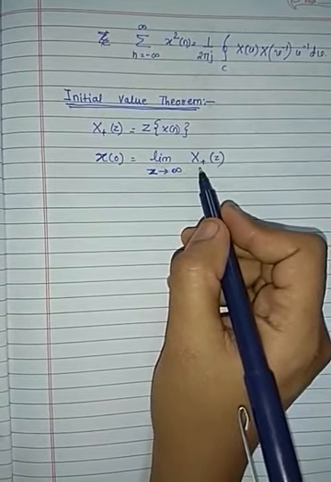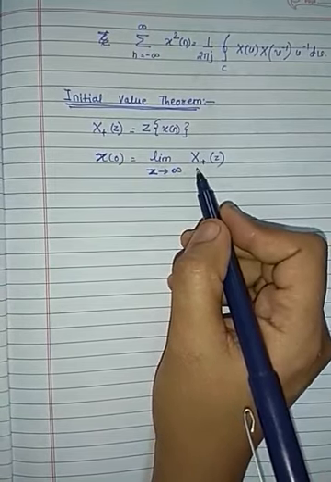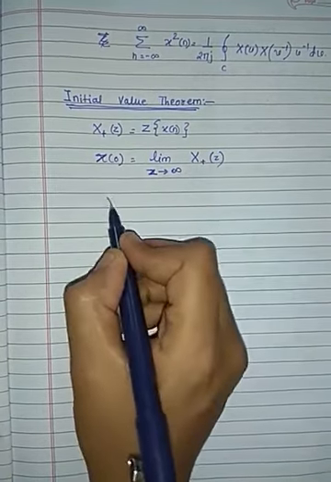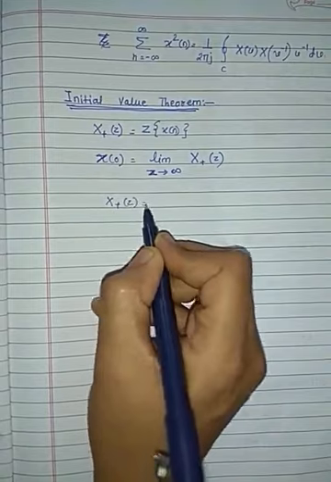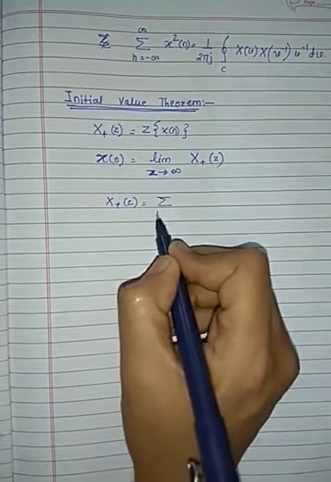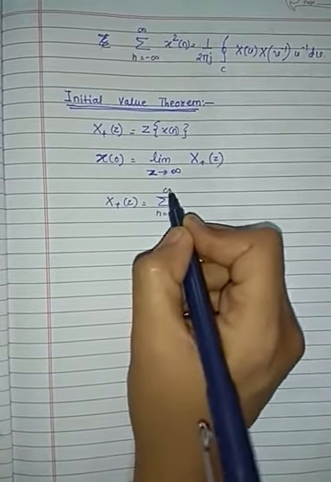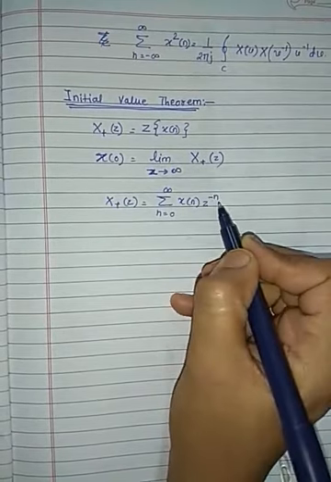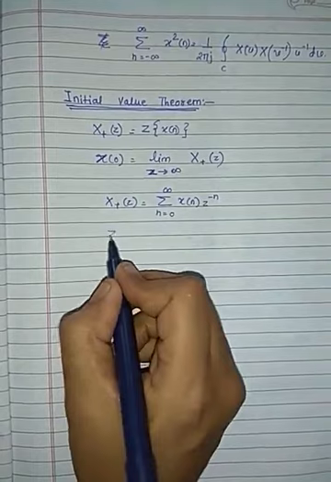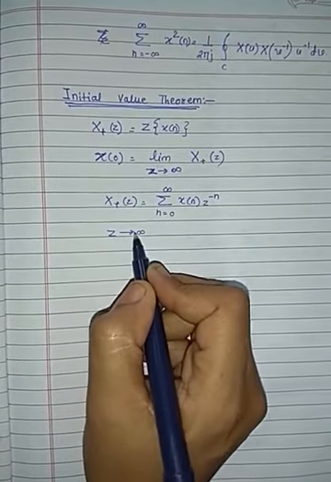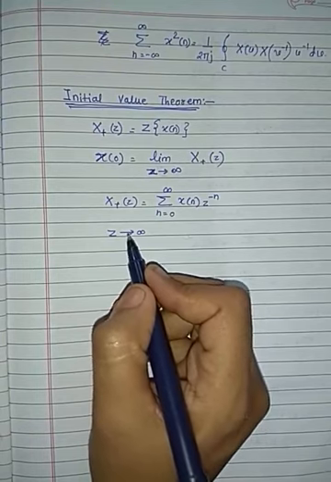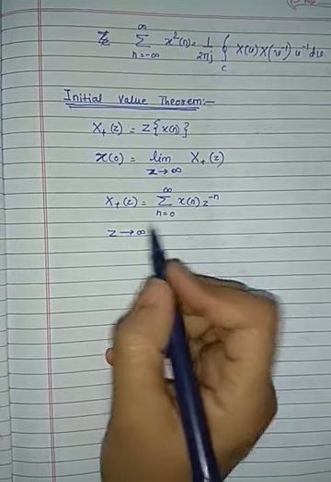So what is this X plus of z? It is nothing but the one-sided transform. Now we know that X plus of z is equivalent to the summation from n equal to 0 to infinity of x of n z raised to minus n. Okay, so as z tends to infinity, all the terms vanish except the x of 0, which proves the theorem.